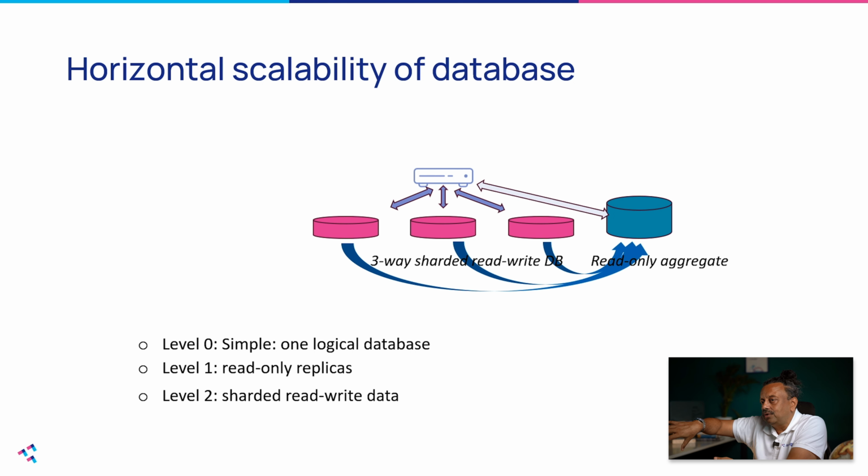There is already a 4th database which holds the aggregate of all the data sets. So you can throw all your queries at that one, and the software development for such queries becomes simple. This is what I'm referring to here as level 2, sharded read-write data.